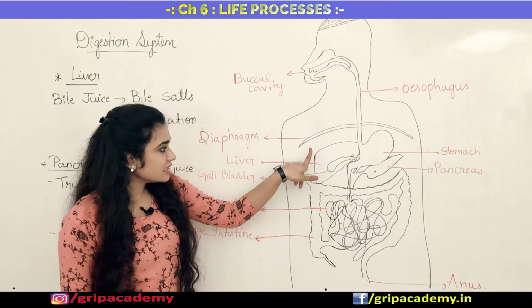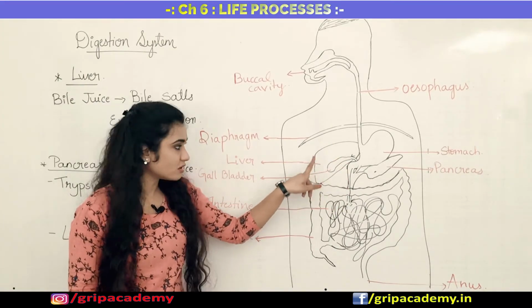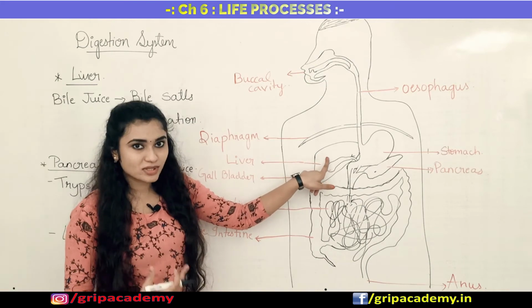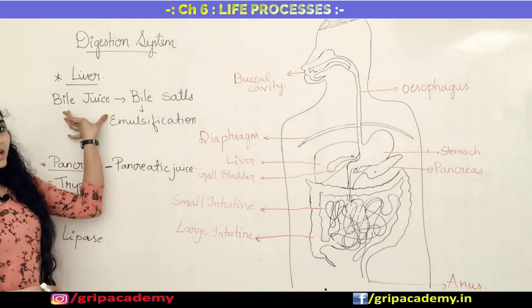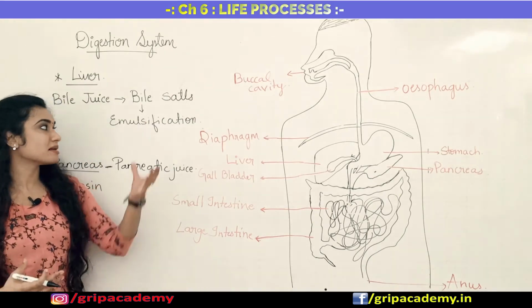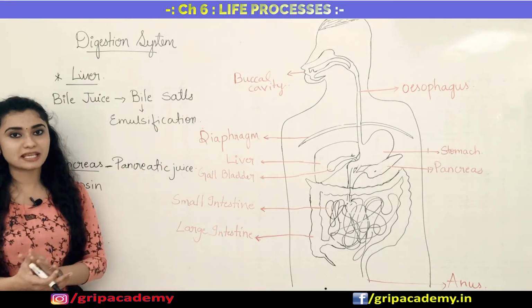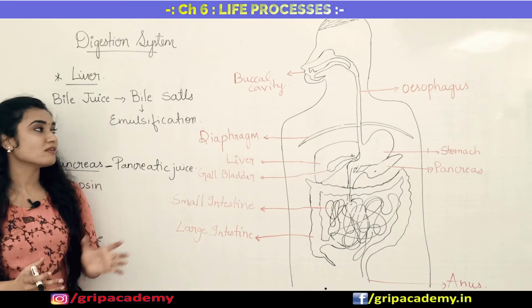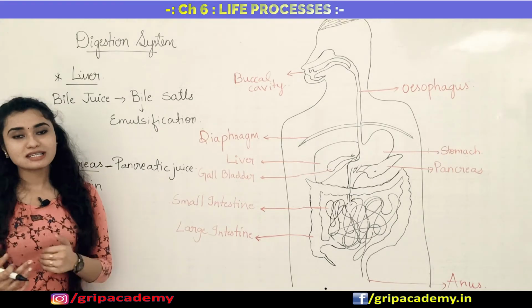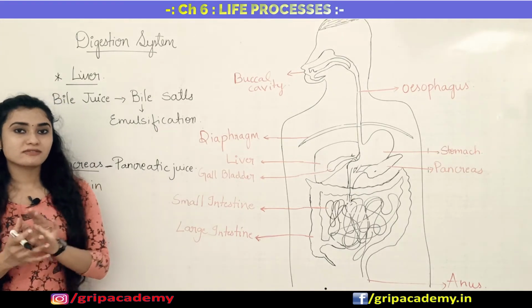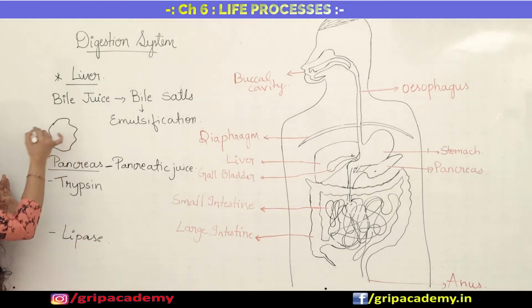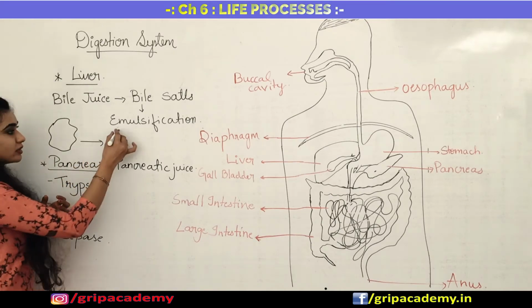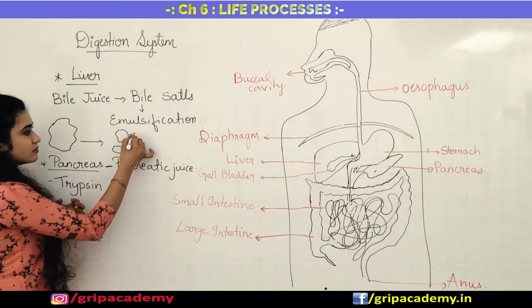Liver is roughly a triangular shaped muscular organ where it has got a reddish brown color, which mainly secretes a bile juice, and this bile juice contains a bile salts, which mainly plays a role in the process of emulsification. So what is emulsification then? Emulsification is nothing but it's a process where the larger fat molecules are broken down into smaller chunks of fat molecules.